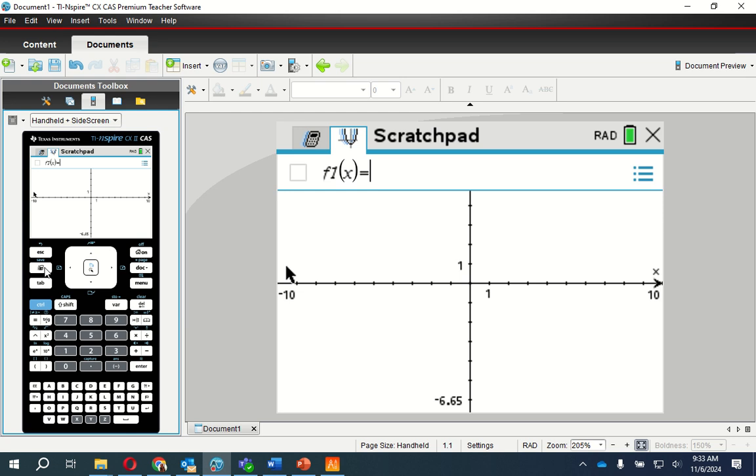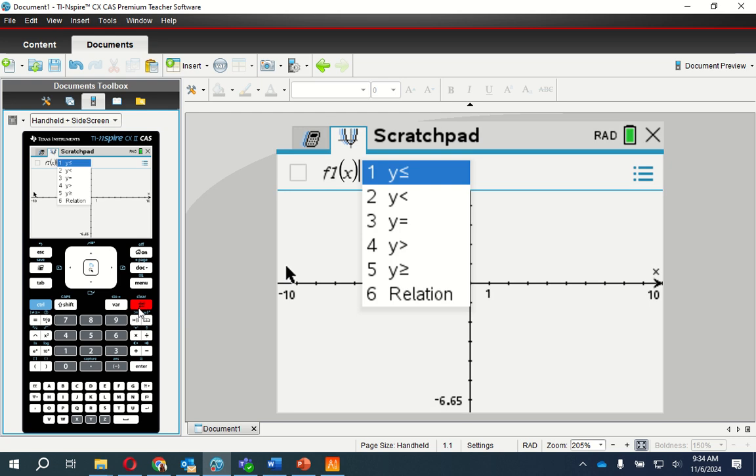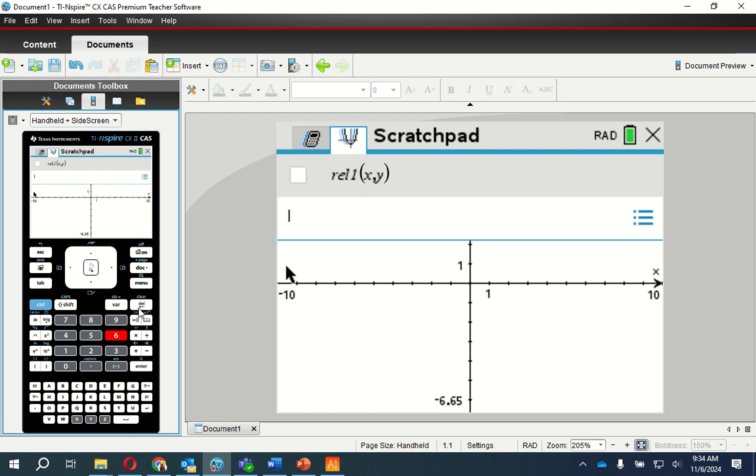So what I need to have, because I'm going to have an x and y in my problem, I need to have a relation. So backspace here, and it'll give you the option to the different types of functions you could enter. And we want option 6, a relation, which is my x and y.